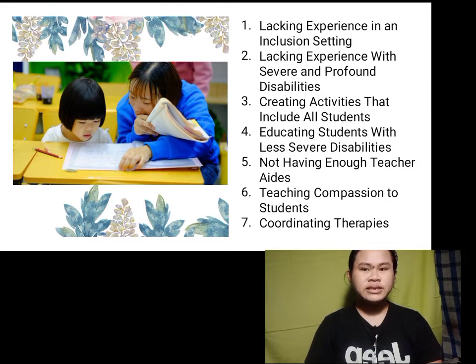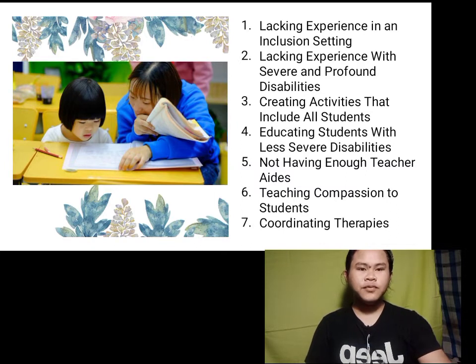Number three is creating activities that include all students. Number four is educating students with less severe disabilities. Number five is not having enough teacher aides. Number six is teaching compassion to students. Number seven is coordinating therapists.